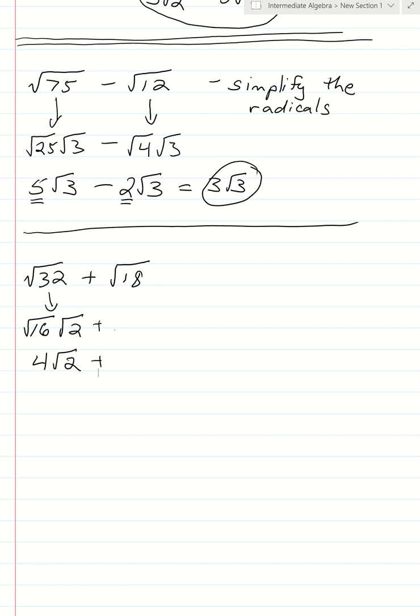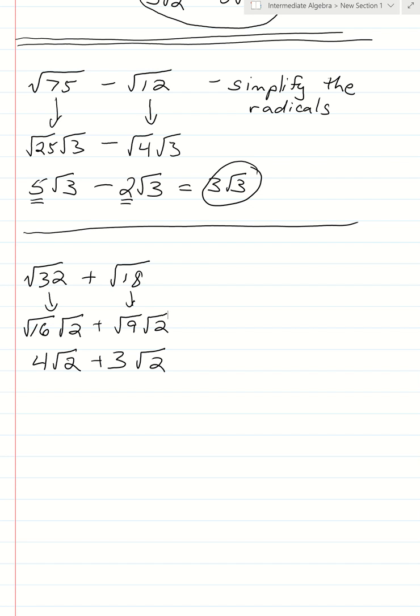For that, I will use my factors of the square root of 9 times the square root of 2. And now that we have the square root of 9 as a perfect square, that would give us a 3 square root of 2. And so now what we have formed are like radicals by simplifying these previous radicals.